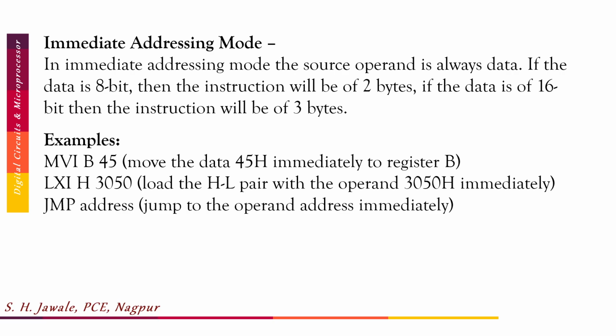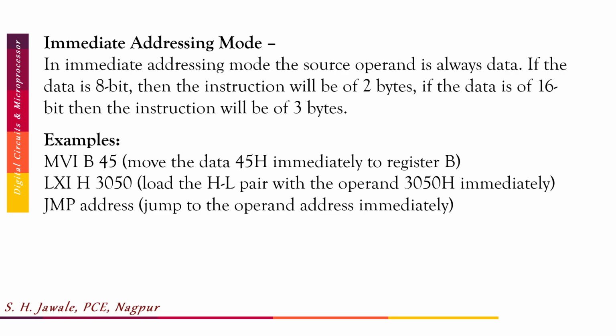In this addressing mode, the data which is required to execute the instruction is immediately given in the instruction. If 8-bit data is given in the instruction, then the instruction will be 2 bytes. If the data is 16-bit, then the instruction will be 3 bytes.